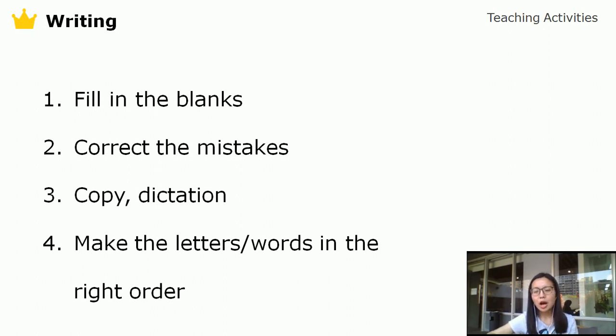For number 3, it is copy and dictation. So they need to copy the new words they have learned today, or have a dictation at the end of the class. For number 4, make the letters or words in the right order. Still the same as this one. If you want to check the letters, for example, if they learned X, Y, Z today, for these 3 letters, you want them to remember them in order.